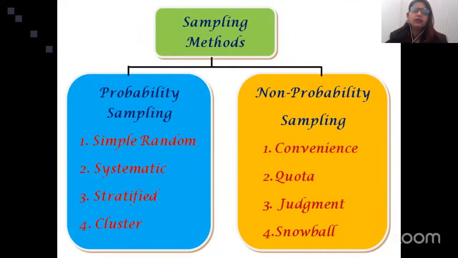Next, you can categorize probability and non-probability sampling into four parts each. In probability sampling, you have simple random sampling, systematic random sampling, stratified sampling, and cluster sampling. In non-probability sampling, you have convenience sampling, judgmental sampling, snowball sampling, and quota sampling.